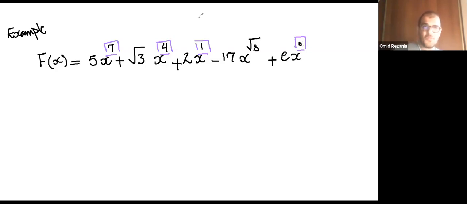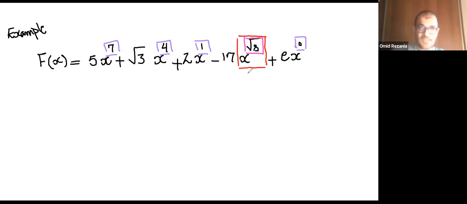However, when I come to this term, I see that the power which I have here is what? Is square root of 8.